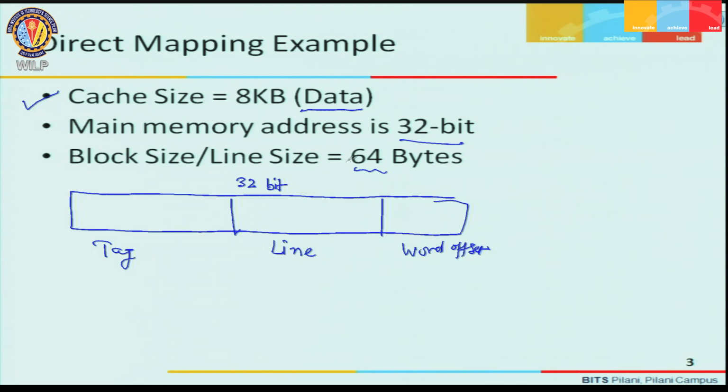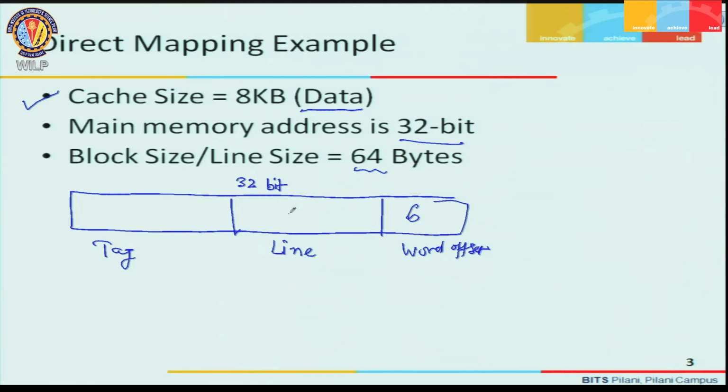So, word offset: the block is 64 bytes, so I can write 2 power 6. 2 power 6 means 6 bits are required to uniquely identify an individual byte in this block. From the 6 bits I can make 64 combinations and an individual byte can be addressed.